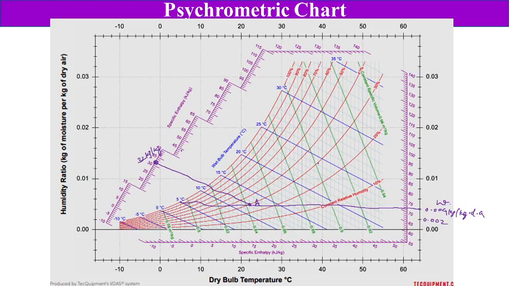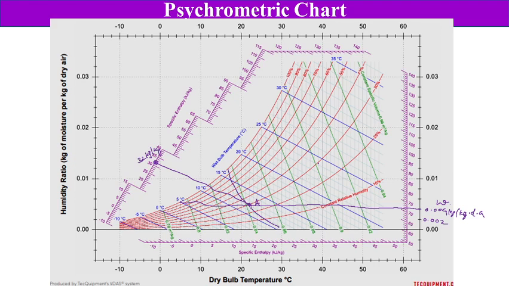This graph does not contain other curves. If it contains other curves, we can find out some other parameters. One more is specific volume. There must be a specific volume curve passing through this point, but that curve is not shown here.